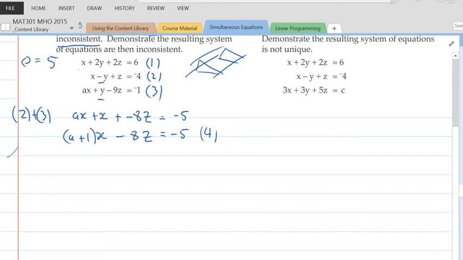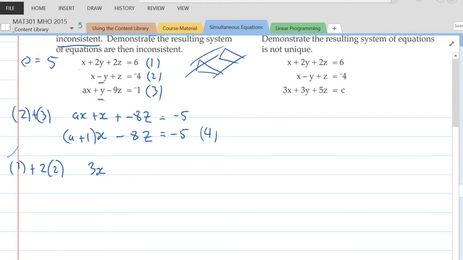And now with the other one, I might do equation 1 plus 2 lots of equation 2. Equation 1, so x plus 2x is going to give me 3x.